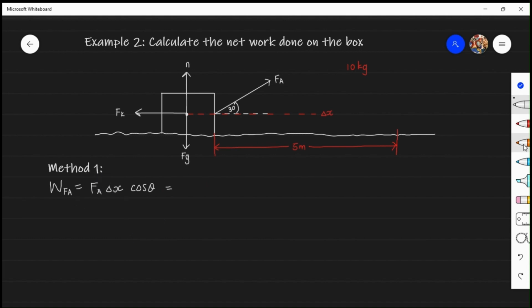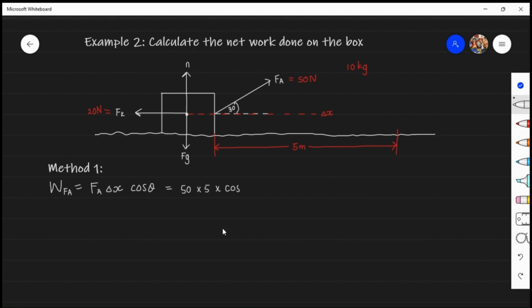Let's give our applied force a value of 50 newtons, and let's have our kinetic frictional force as 20 newtons. Because we are only taking the magnitude and not the direction of the force, we are going to substitute positive 50 times our displacement of 5 times cos of our angle.